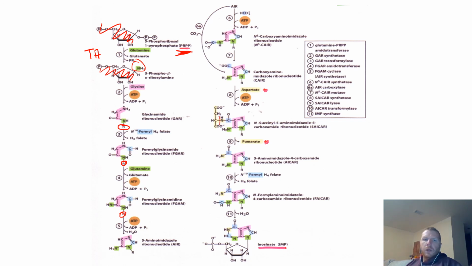In order to do that, we're going to have to hydrolyze a phosphodiester bond between our beta and our gamma phosphates. So we're using ADP and Pi as our products. ATP goes in, we break that bond in order to form this bond right here. So that's going to give us glycinamide ribonucleotide, or GAR.